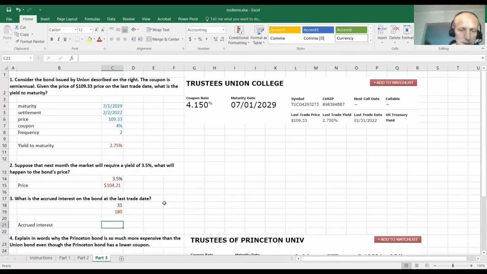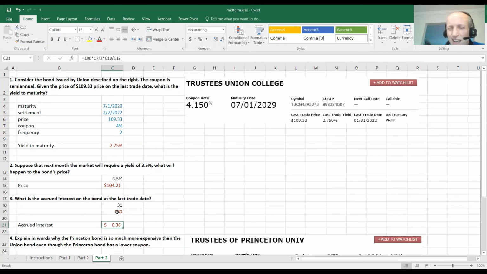So the accrued interest is going to be, well, we got $100 face value times the coupon divided by 2 multiplied by the share of days since the last coupon in the total coupon period. And so it's about 36 cents is the accrued interest.